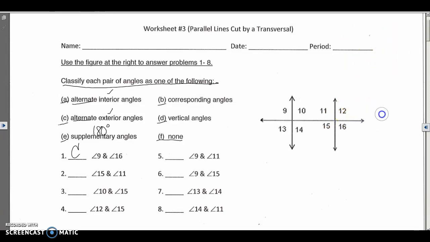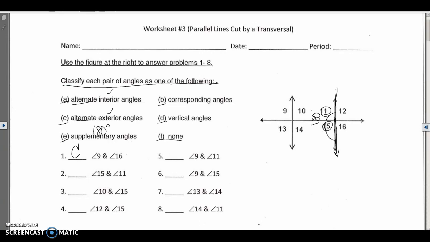For example, let's look at angle 11. There we go. Angle 11 is right next to angle 15. The two of these angles together form a straight line, which means the measure of angle 11 plus the measure of angle 15 should total 180 degrees.